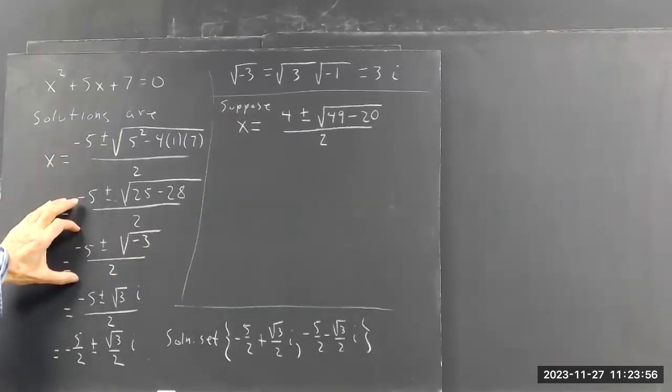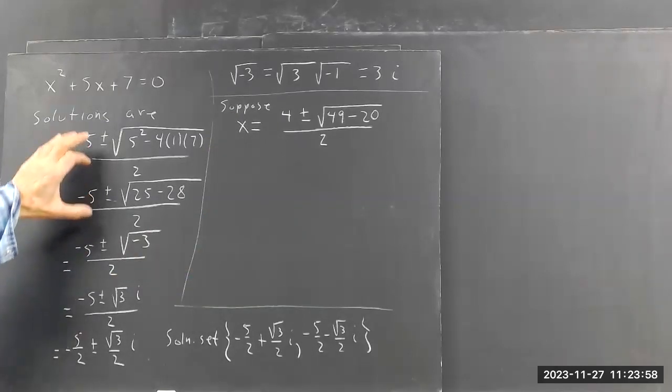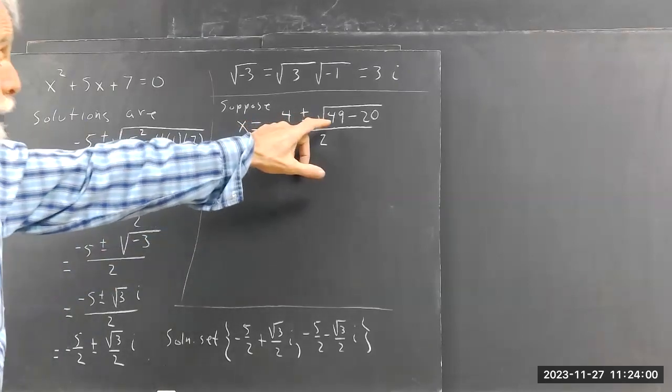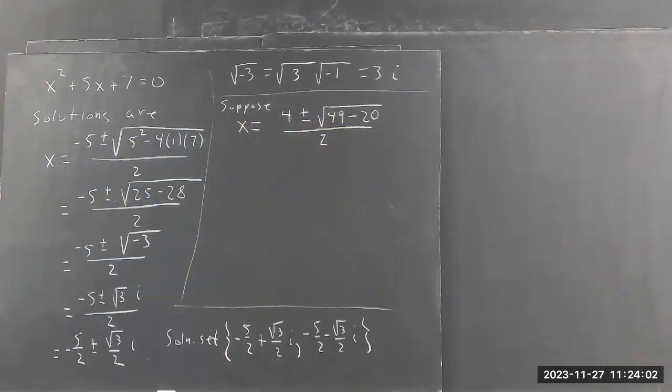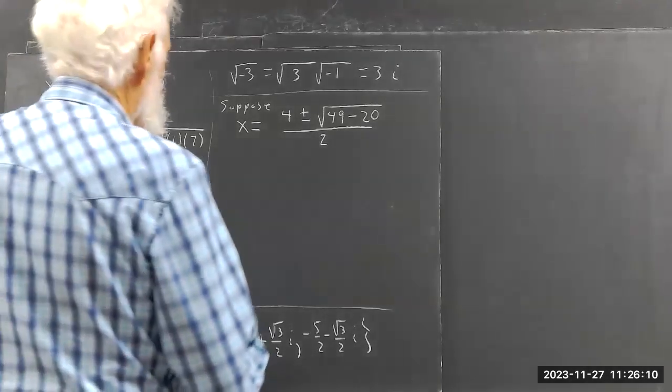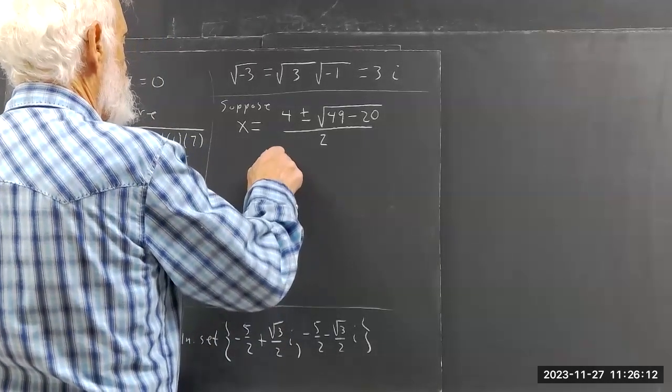What do we do for the next step? What did I do between here and here? What are you going to do with this? Okay, so that step is pretty obvious and everybody did that really well.